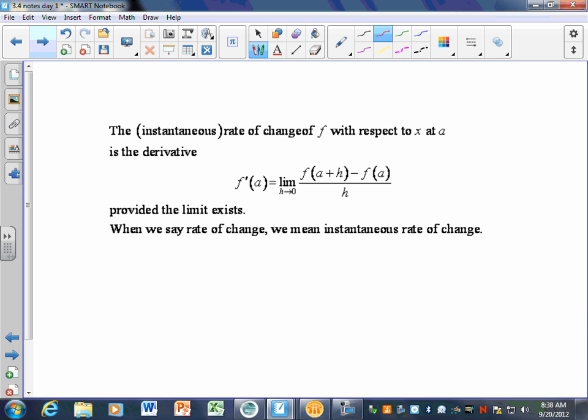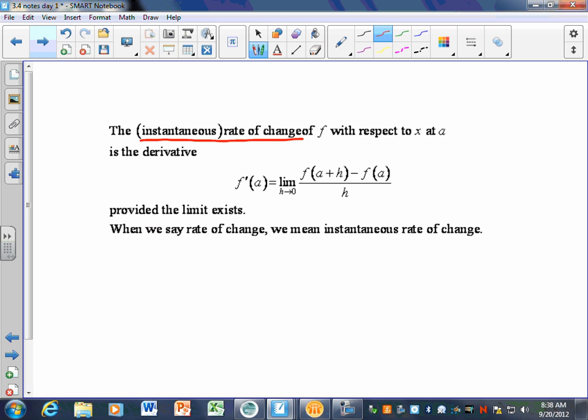We've talked about the difference between the average rate of change and the instantaneous rate of change. If you want to find the rate at which something is changing at a specific point, you can do the whole limit of a plus h, right? You're getting closer and closer to that exact point. Well, we know that's the derivative now. So another definition of instantaneous rate of change is just the derivative.